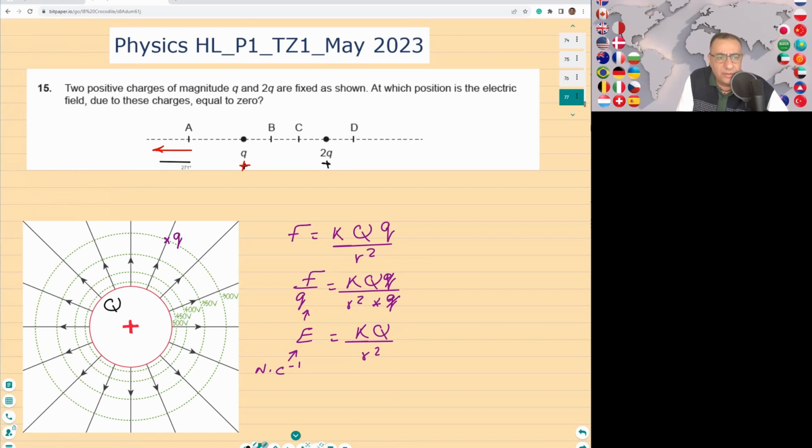It will also be in the same direction because it is a positive charge. Electric field strength is a vector quantity. So at which position is the electric field equal to 0? That means at least I need to see opposite directions, because the vector sum of these two vectors will otherwise be even bigger.